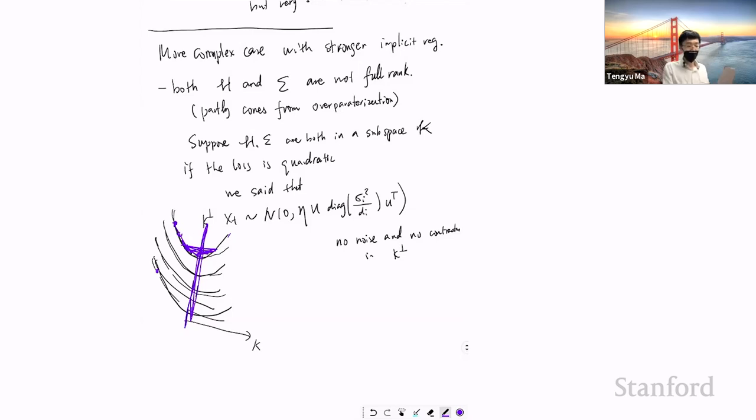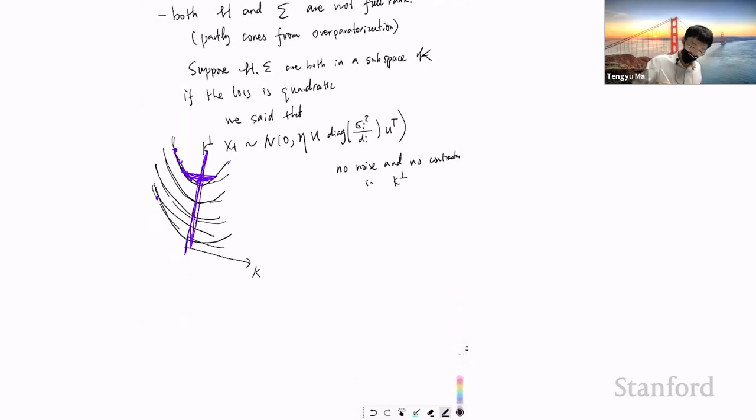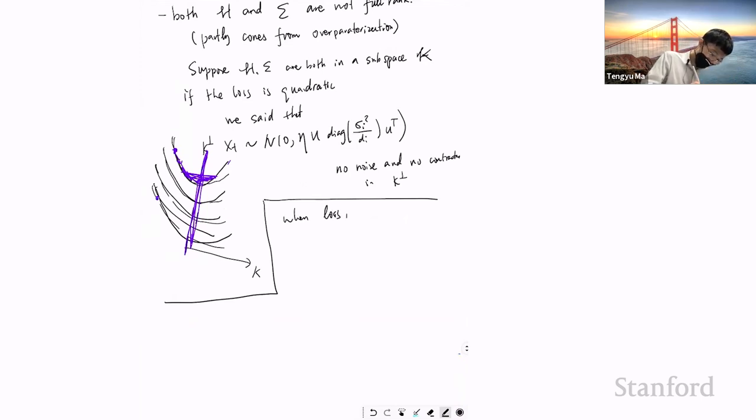However, when your loss is not quadratic, then the third order term is going to matter. This is the main thing I want to convey today, but unfortunately, because this is complicated, I probably wouldn't be able to do everything rigorously.